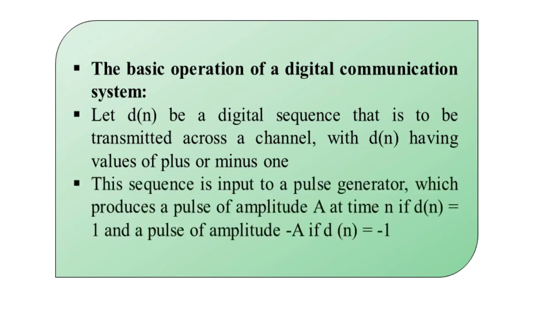This sequence of pulses is further modulated, and then it is transmitted across the communication channel to the destination place, what we can call the receiver section. This is supposed to be at a remote place. At the receiver side, the signal reaches that place through the receiving antenna, and there is the process of demodulation, and the received waveform is sampled, which produces a discrete time sequence.